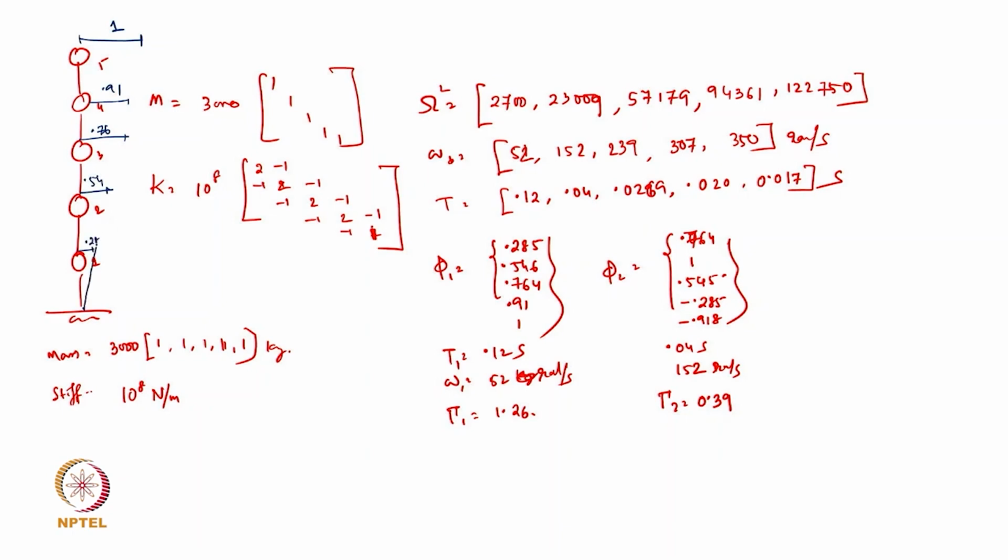So you will get more or less a graph like this, or rather it is more like this, because the variation in the top is less compared to the variation in the bottom.